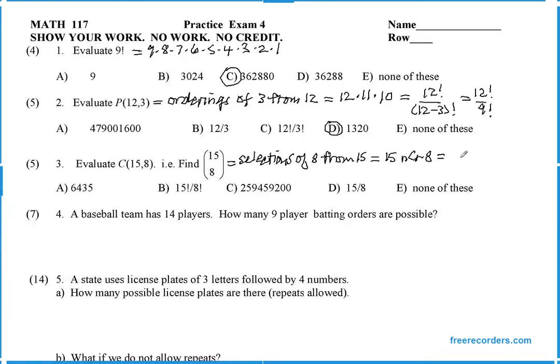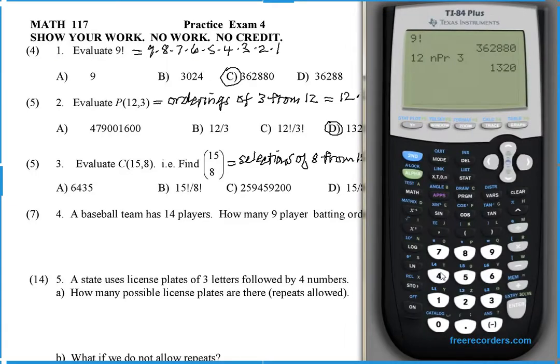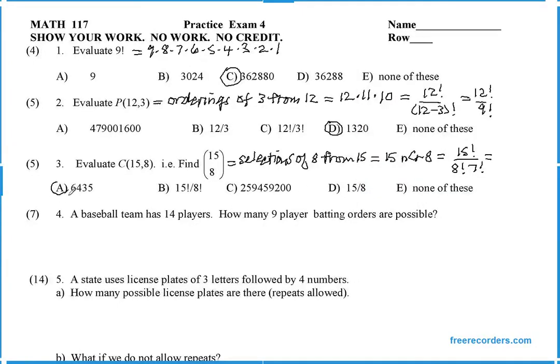If you use the formulas, then you'll have 15 factorial on the top, and then 8 factorial on the bottom, and then 15 minus 8 is 7, so 7 factorial. And we'll use the calculator to evaluate here. So 15. Again, math, probability, we are using nCr, which is option 3, and 8. 6435, which is choice A.